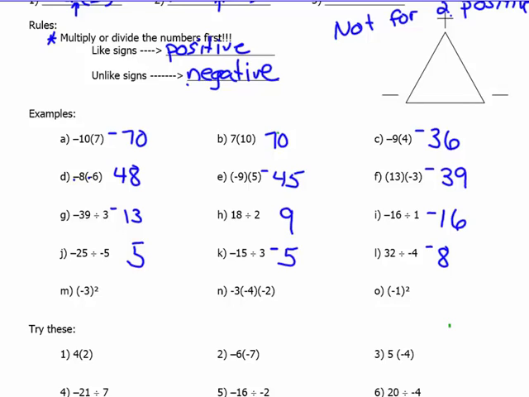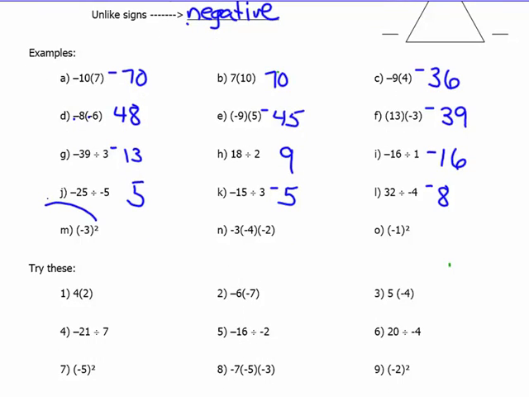Letter M, this is called an exponent. Hopefully you remember that, and we're going to get into that a little bit later on as well. But an exponent tells me how many times we have to multiply a number together. So this really means -3 times -3, because there's 2 of them. So 3 times 3 is 9. Like signs means that it's going to be positive.